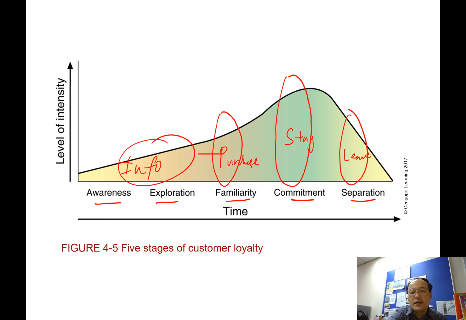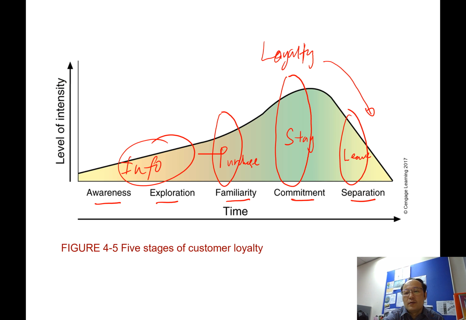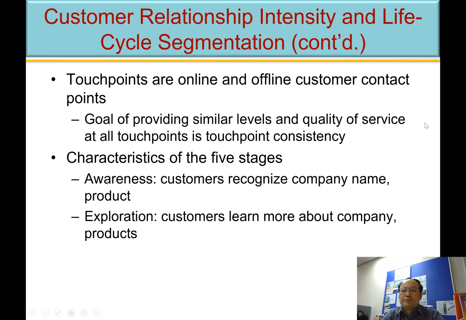You can see that commitment is the highest one, and of course separation is a company losing a loyal customer. A customer with high loyalty may drop and go away.